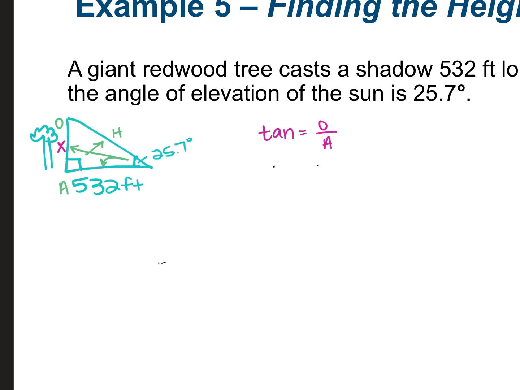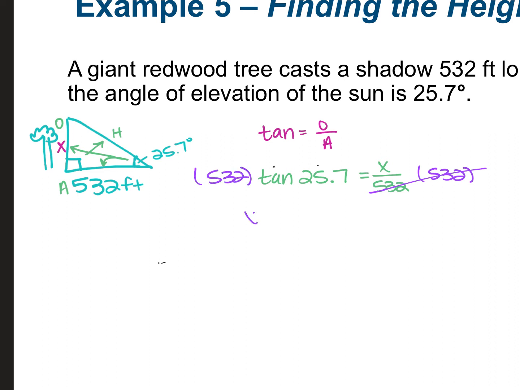So this is going to give you the tangent of our angle measurement, which is 25.7, is equal to our opposite, that's what we're finding, so that's x, over our adjacent, which is 532. Solve for x from here. You just have to multiply out that 532 from the denominator of your fraction. So do that on both sides.